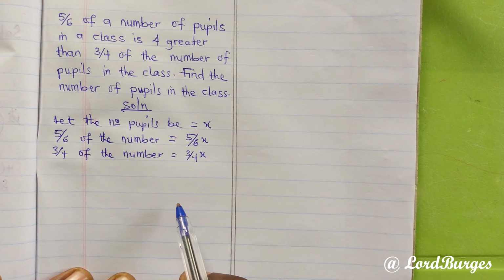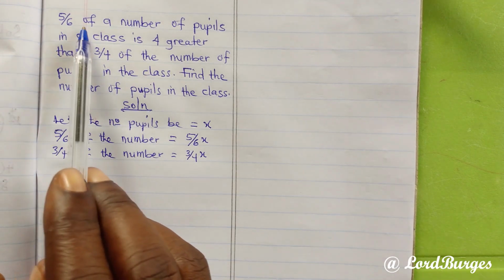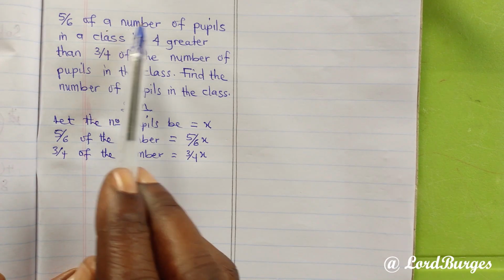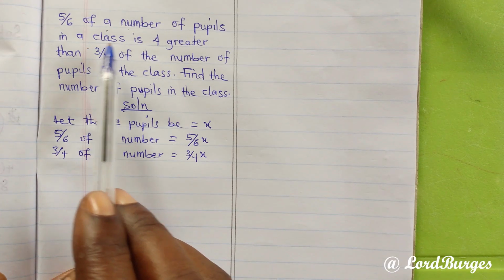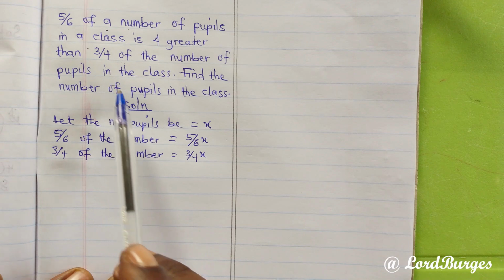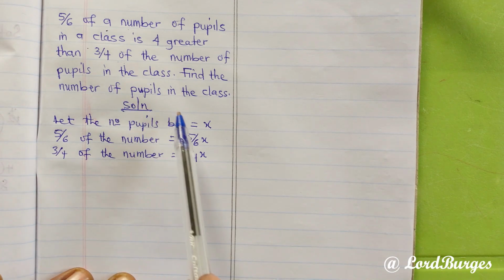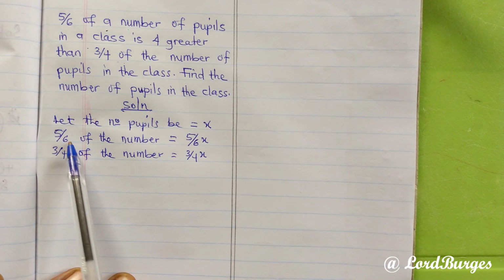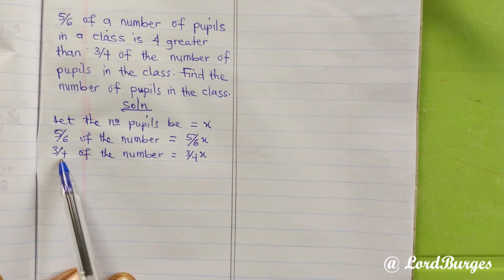So, with what we have now, 5 over 6 of the number of pupils is 4 greater than 3 over 4. What this simply means is that the 5 over 6 of the pupils is bigger than the 3 over 4.